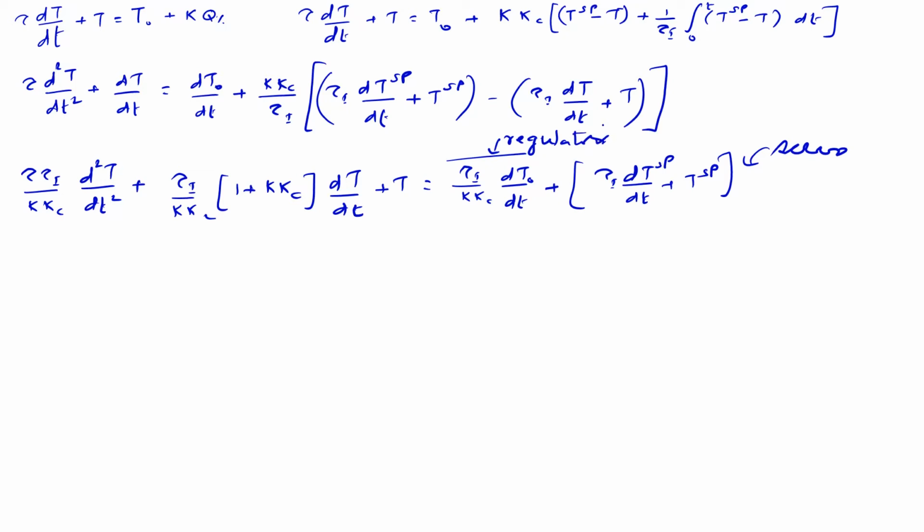And if you look at the characteristic equation, now we are saying that tau I is less than tau, and so let's just say tau I is equal to tau by r, where r is greater than 1.